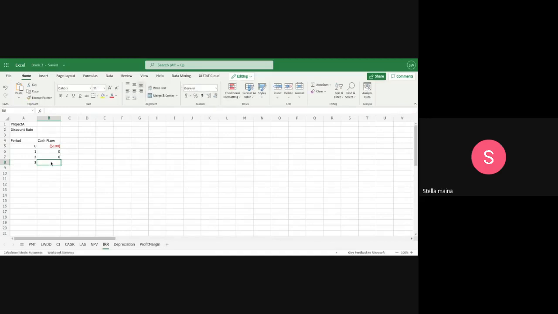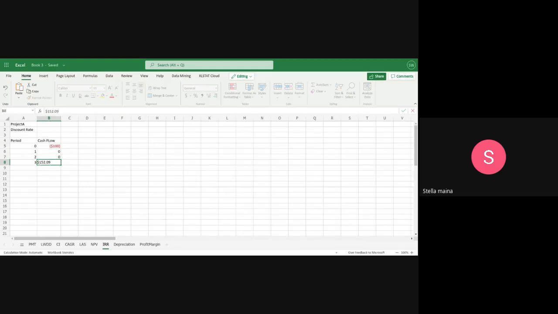So this is information that you're going to be given. The only thing you're going to do is calculate the discount rate. You're already told the profit that is going to be received in each period.